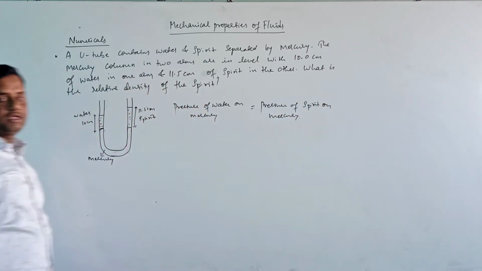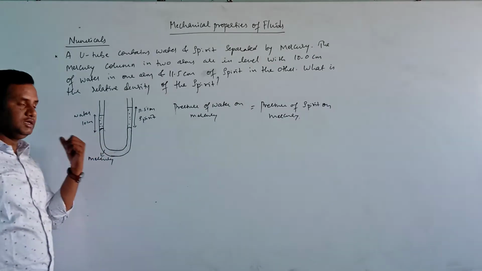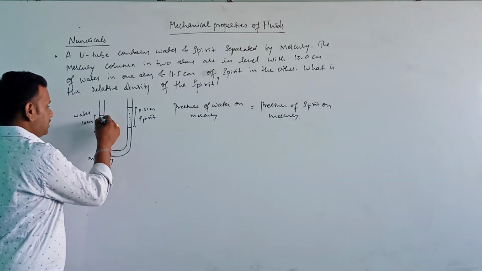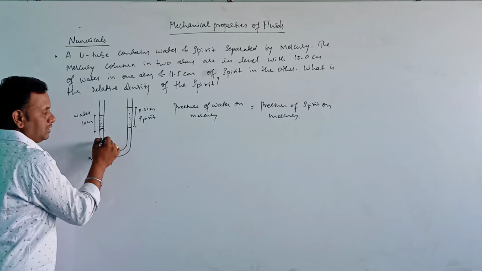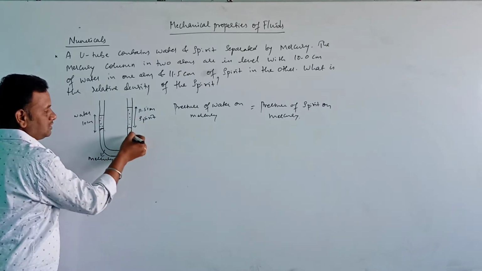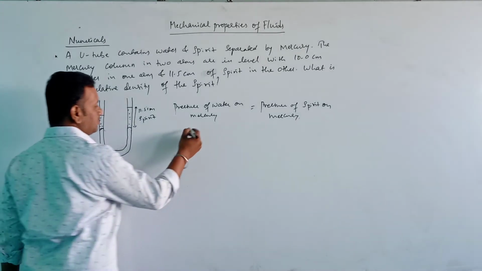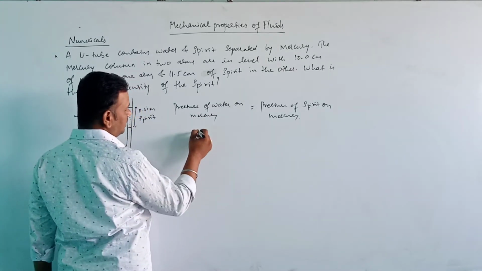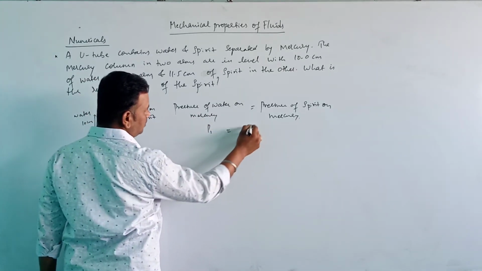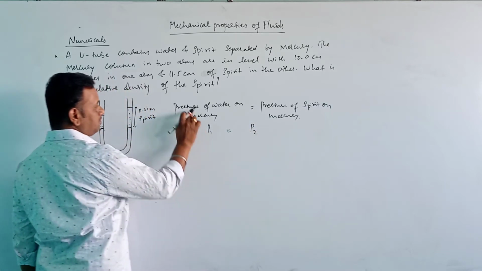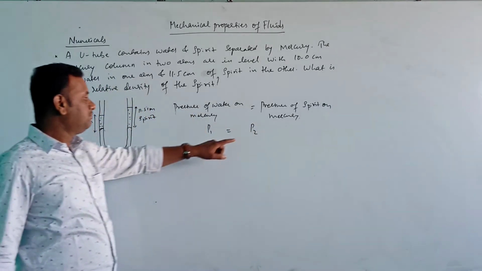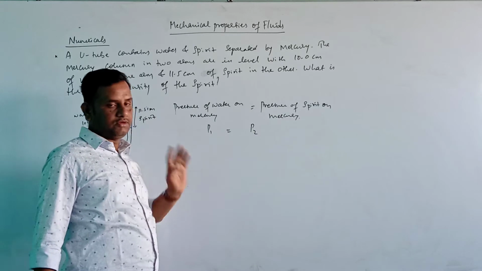That is, P1 is equal to P2. P1 is the pressure of water on mercury, P2 is the pressure of spirit on mercury.